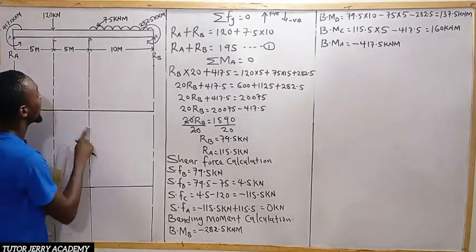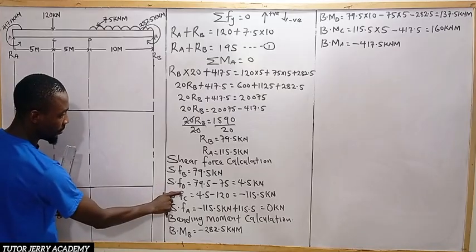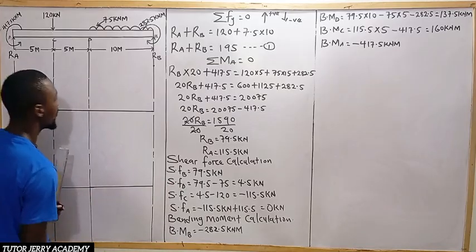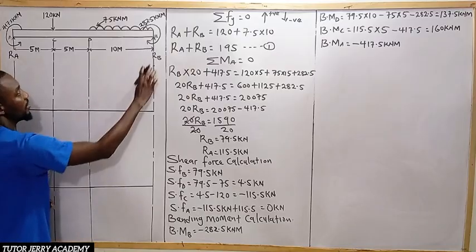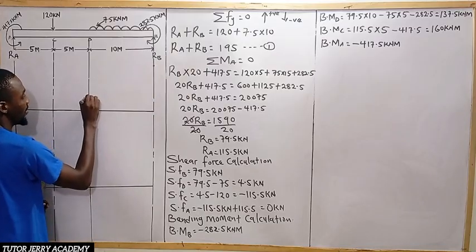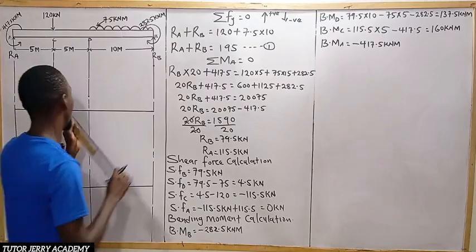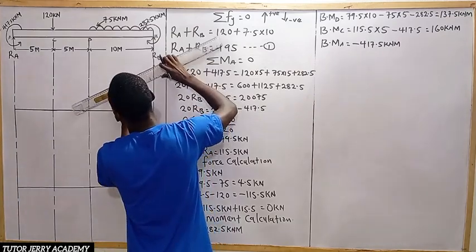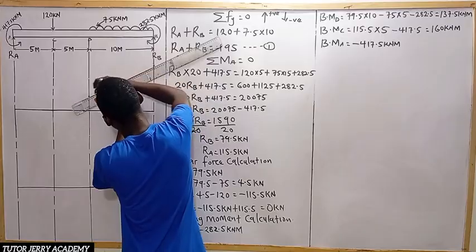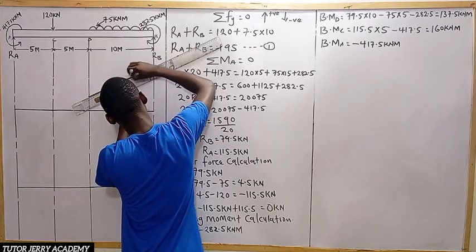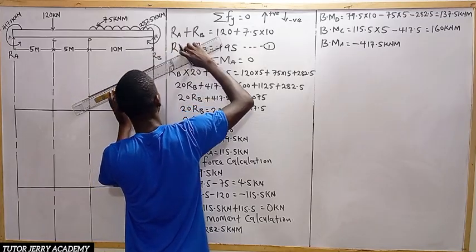Now at point D, our shear force is 4.5. Since from this point to this one is 75, it shows that 4.5 should be somewhere around there. So let's join this point. It's going to be inclined because we have a uniformly distributed load there.